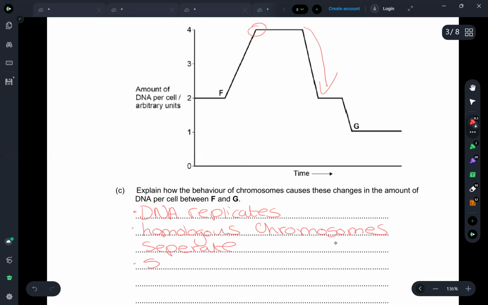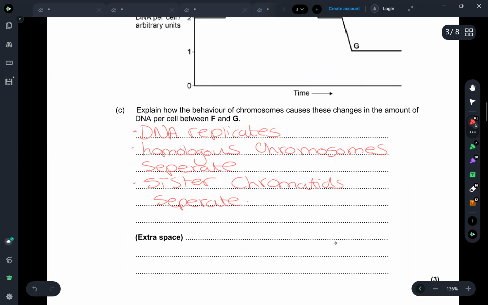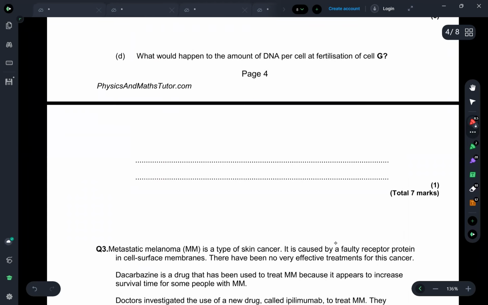And then our sister chromatids separate. So what would happen to the amount of DNA per cell at fertilization of cell G? DNA would double.